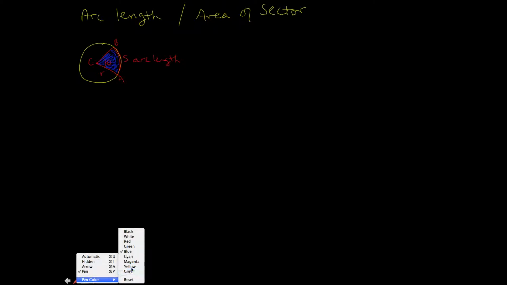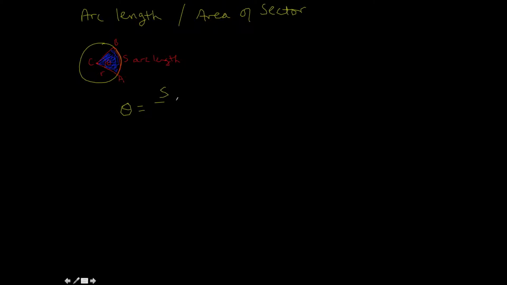So when we talk about the area of that sector, we're looking for the slice of pie, so to speak. In the first part of this section, we learned that if we divide the arc length by the radius, we get the angle theta in radian form.